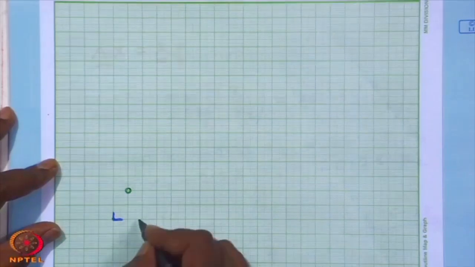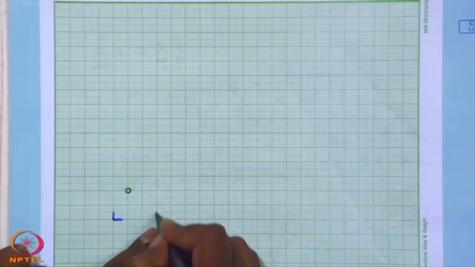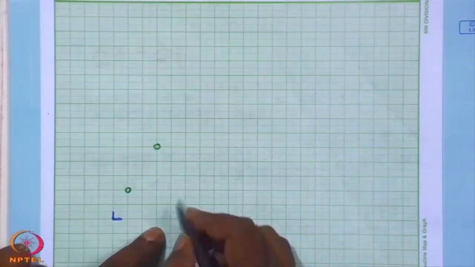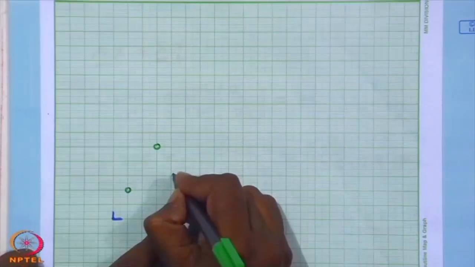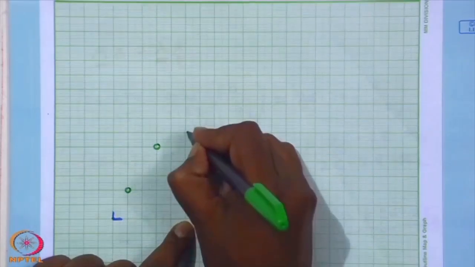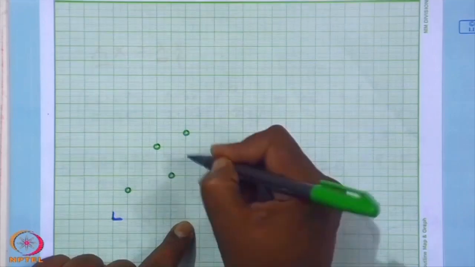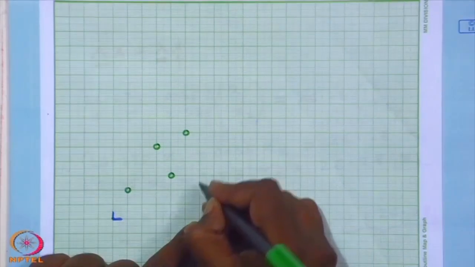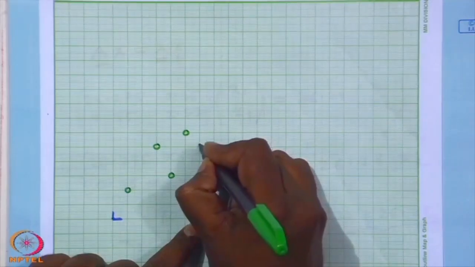Then 3, 5 is somewhere over here. Then 4, 3 is this. Then comes 5, 6 over here, and then 7, 5. So, these are the feature vectors which belong to class omega 1.